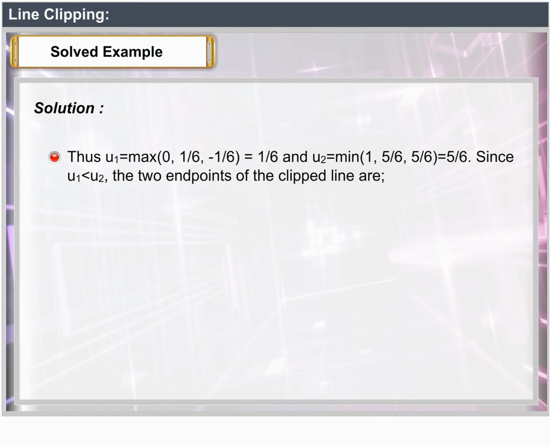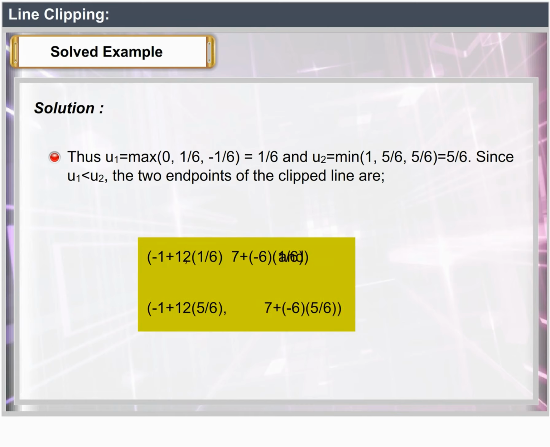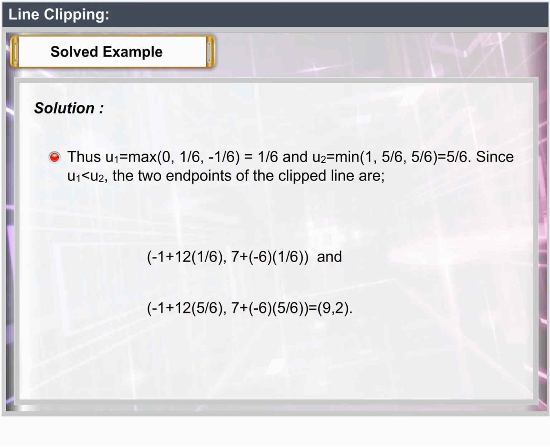Since u1 is less than u2, the two endpoints of the clipped line are (-1 + 12 × 1/6, 7 + (-6) × 1/6) and (-1 + 12 × 5/6, 7 + (-6) × 5/6) equaling (9, 2).